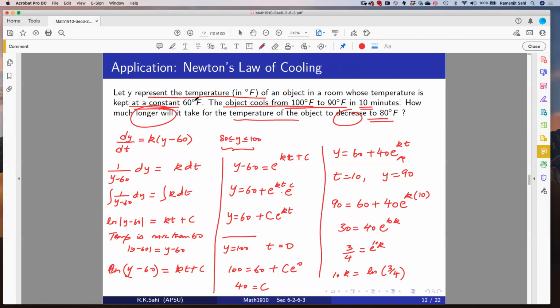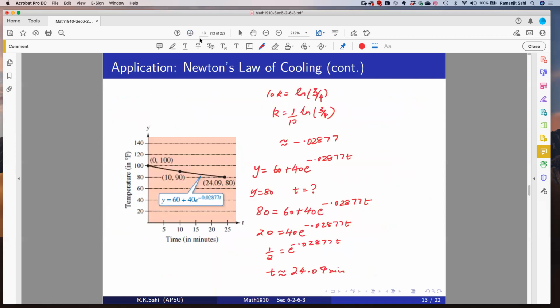So coming back, remember, it took 10 minutes to go to 90 degrees. Now it takes 24 minutes to go from 100 to 80. So how much longer?